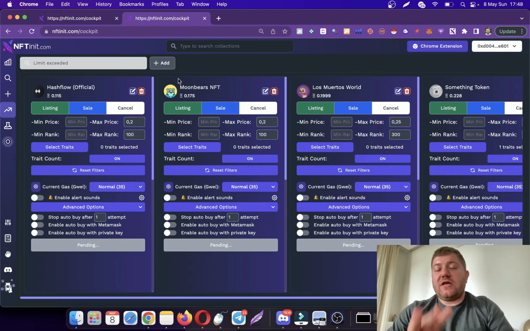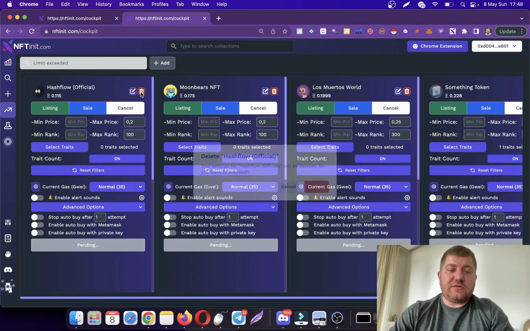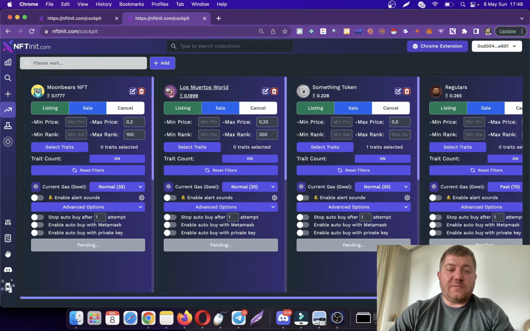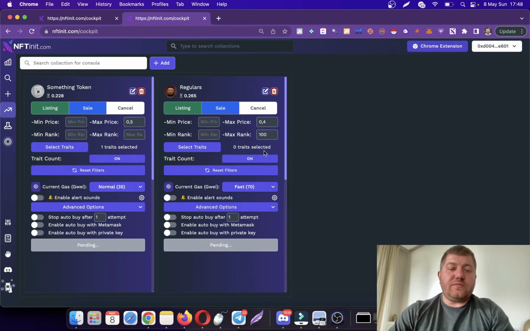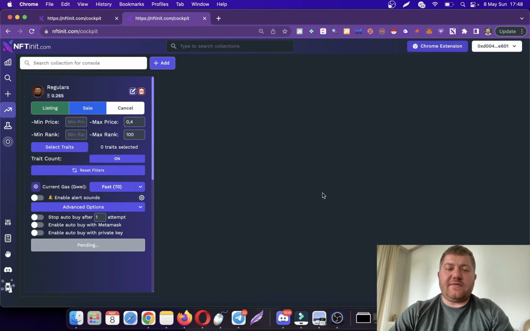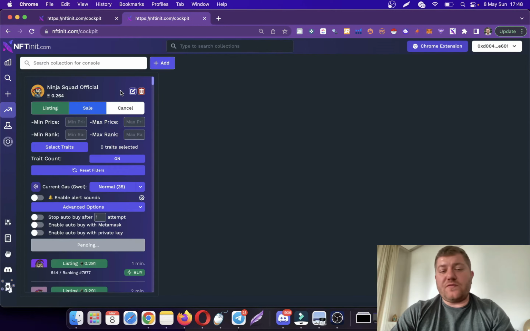On this page, you set up the collections you want to track, and you track them all in one single page. So let's do it from scratch. I'm just going to remove the collections. I'm going to go over the examples we have already talked about. For instance, we can check Media Scout Official.